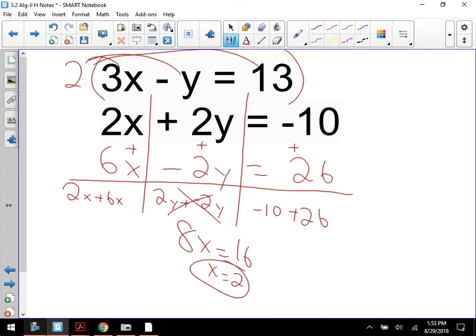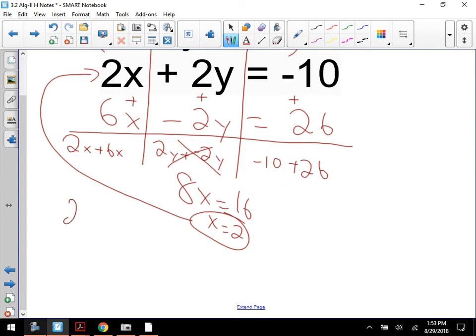Now, if x is 2, what do I do to figure out y? Substitute back up. Does it matter which of the equations I use? Nope. I'll go here. If I go there, I get 2 times 2 plus 2 times something is -10.